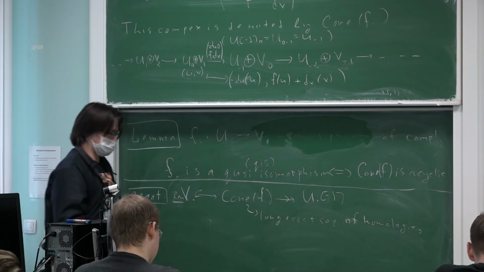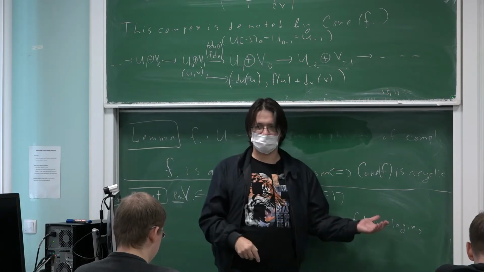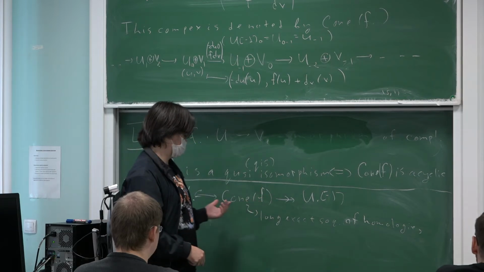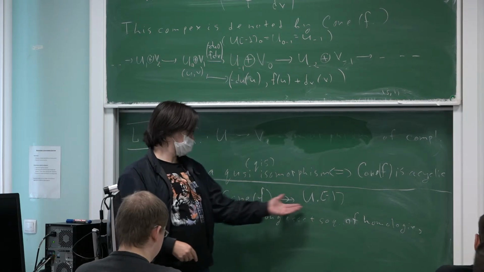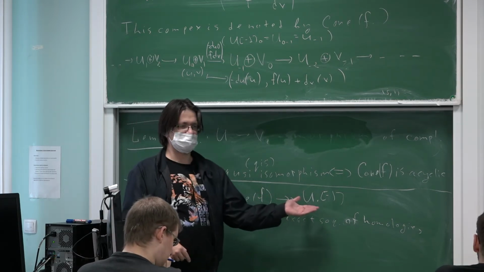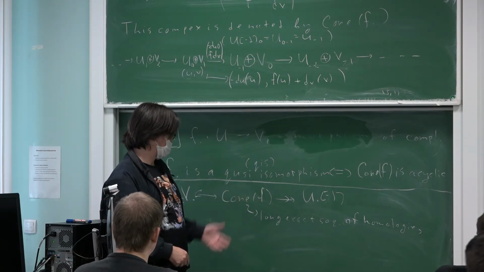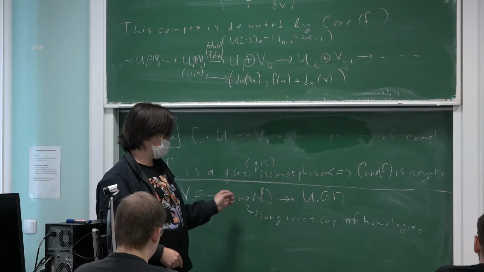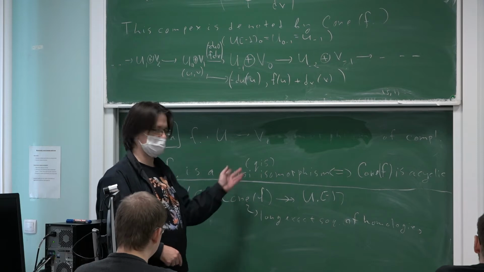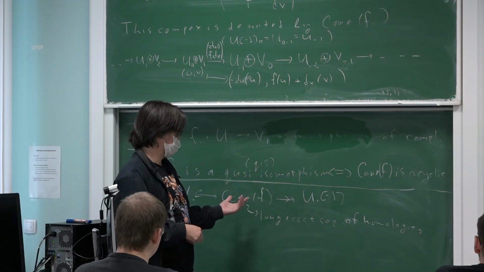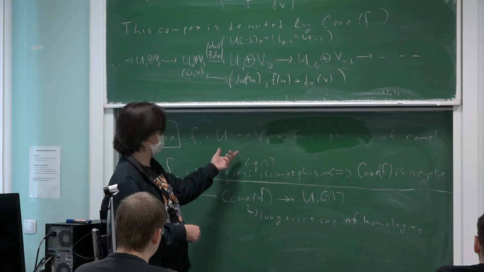And from this sequence you can deduce this lemma. To prove that there is an exact sequence is not very difficult. You have to apply the snake lemma 2 times, but then you will have to understand what the connecting homomorphism is in this long exact sequence, because it has to be f to deduce exactly this.